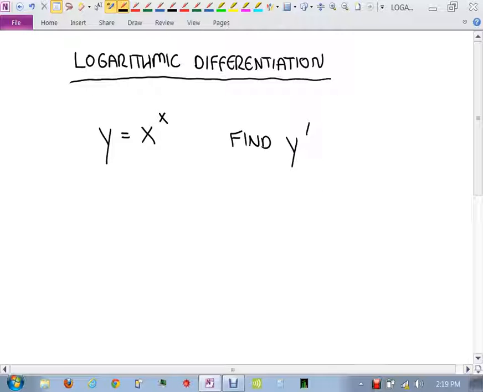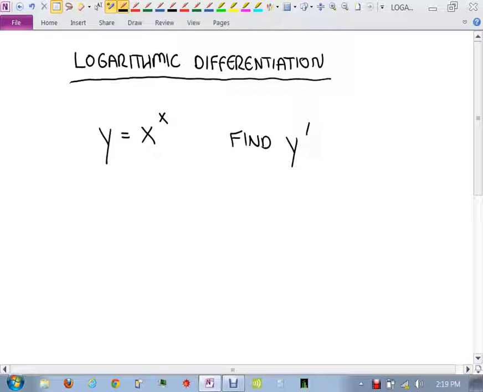What do you notice is an issue here? There's two x's. If that was x squared, I'd be fine, it'd be 2x. If it was 2 to the x, I'd be fine, because then the derivative would be 2 to the x natural log 2. So I have ways of dealing with it when one of those is a number, either the exponent or the base.